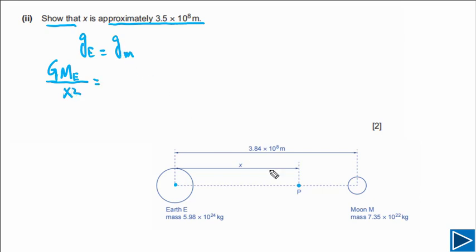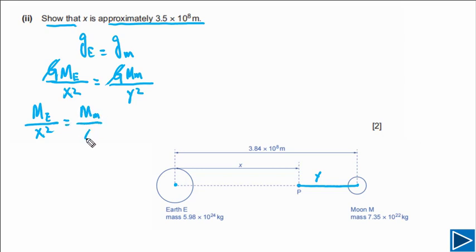For the value of g due to the moon at that point, it will be equal to G times the mass of the moon divided by the distance from the center of the moon to the neutral point. Let's say that distance is y. So we can write y squared here. Now you can see G is common, the universal gravitational constant, so we can cancel it. We are left with the mass of our planet divided by x squared, which is equal to the mass of the moon divided by y squared.